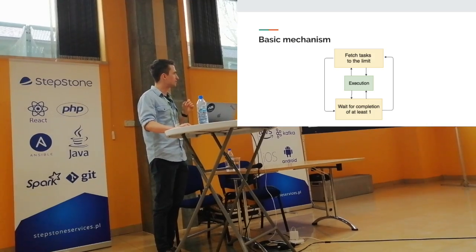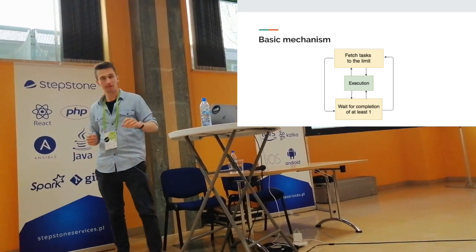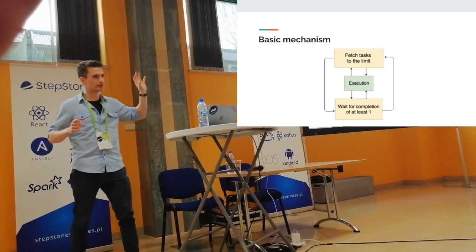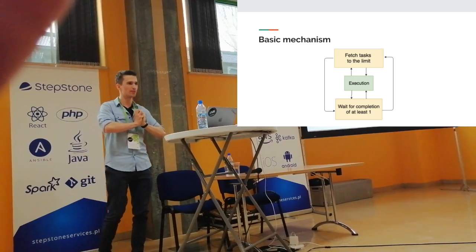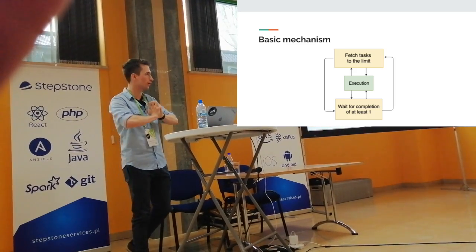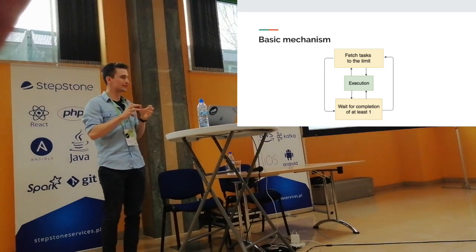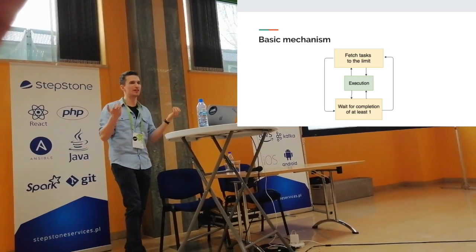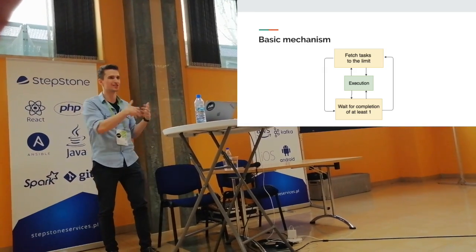And the basic mechanism for the worker is that there are two states. There is one state where we fetch tasks from the queue, from the broker, to the limit. By the limit, I mean the memory limit. You need to be aware that in a synchronous world, we can fetch from the queue as many tasks as we want.